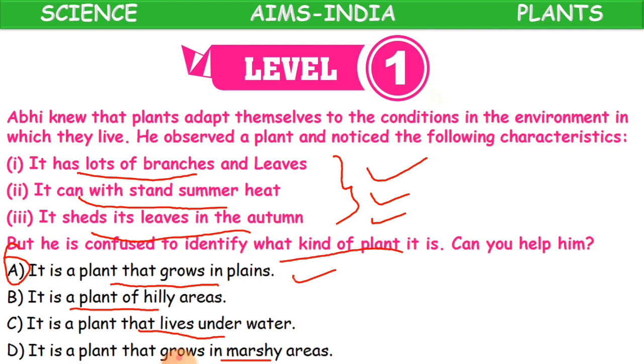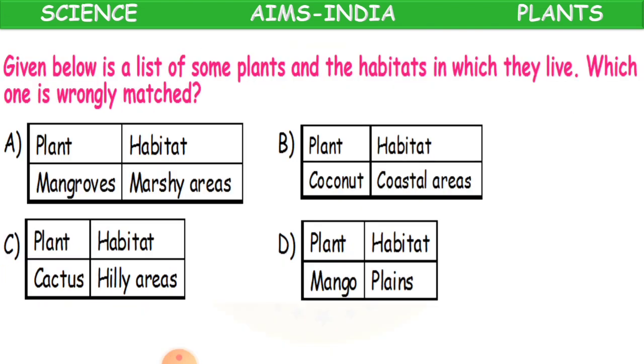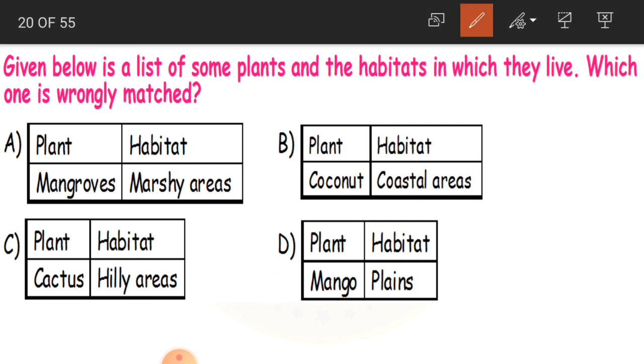Clear children? Now the second question. Given below is a list of some plants and the habitats in which they live. Which one is wrongly matched? We have to identify which plant and habitat are wrongly matched. For example, mangroves grow in marshy areas.